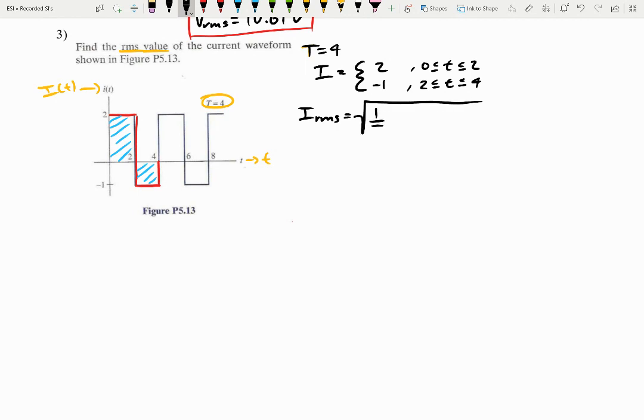this equation. So 1 over the period, 0 to period, I squared dt. Okay, and like we had previously, this is a piecewise equation, so we're going to have to break the integrals up. So let's go ahead and do that.